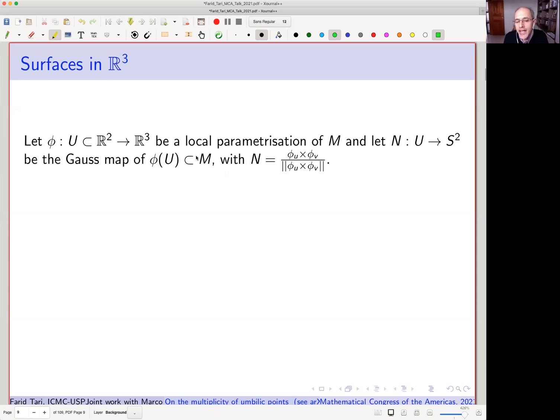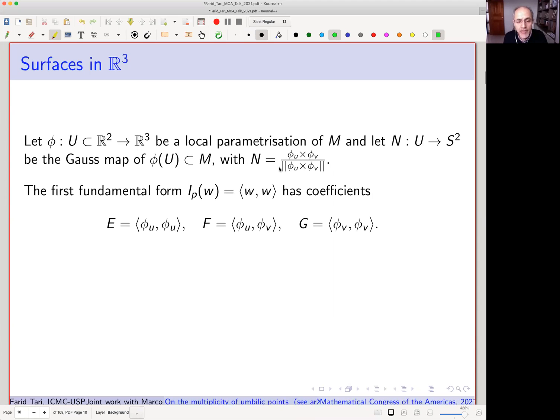I don't really care if M is orientable or not, but locally it is, and I can take the Gauss map as given by the vector product of phi_u, the derivative of phi with respect to u, times phi_v, over the norm. Recall that here we are in the Euclidean space, so I can do that without any problem.